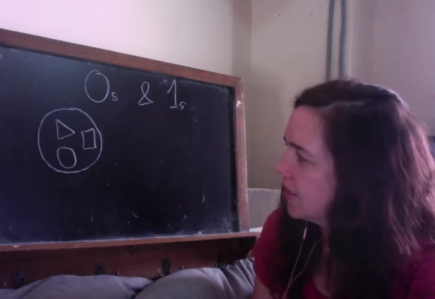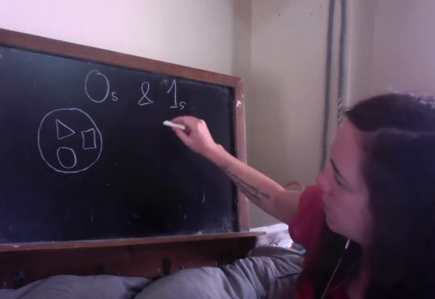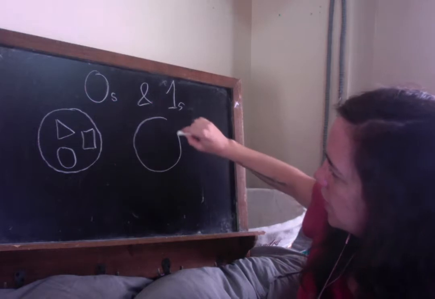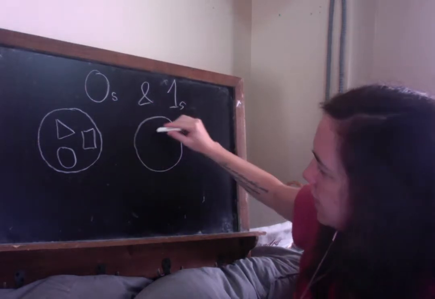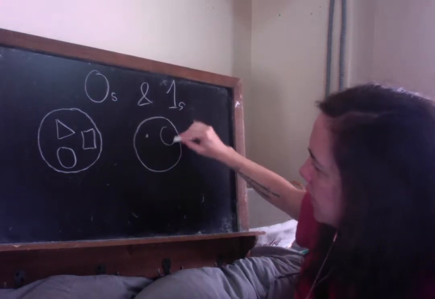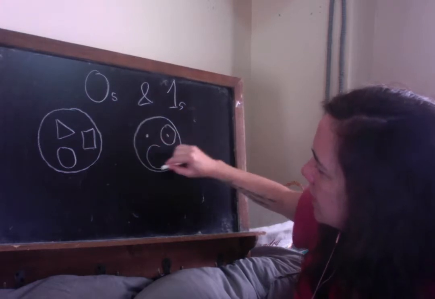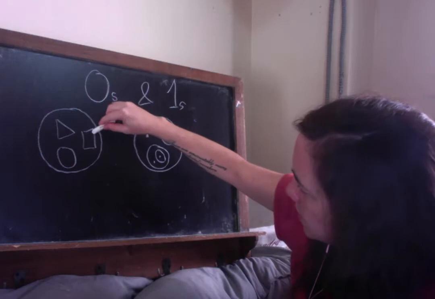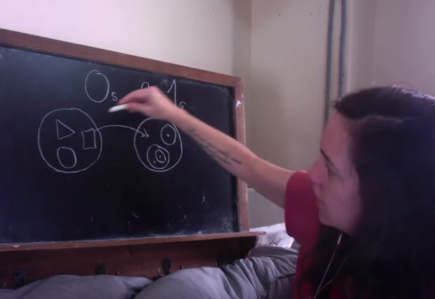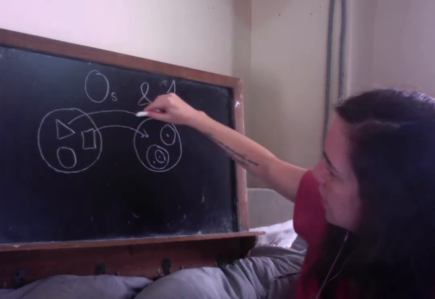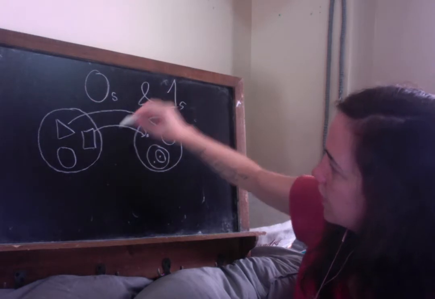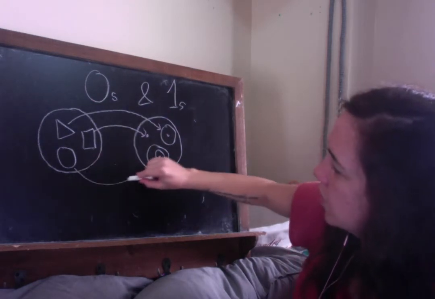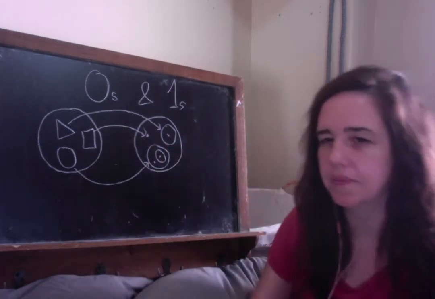Any set that can be put into a one-to-one correspondence with 3 has cardinality 3. So this set, we can count it also, it's pretty clear, right? But the official definition of what it means to have cardinality 3 is that there's a one-to-one correspondence between your set and the number 3.